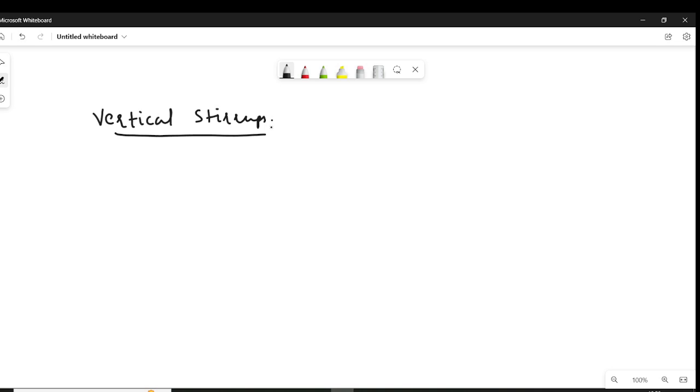When we are providing the shear reinforcement as vertical stirrups, we have to find tau v equal to Vu by bd. What is Vu? Vu is the shear force.